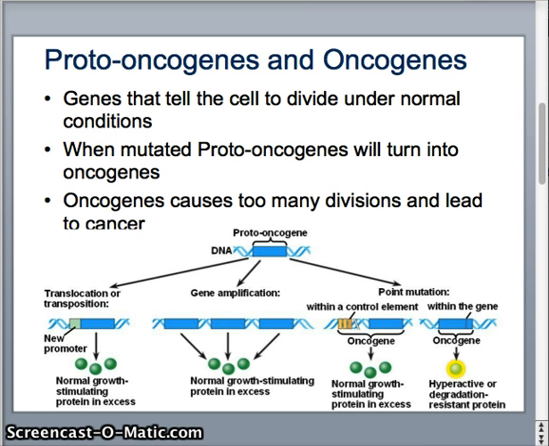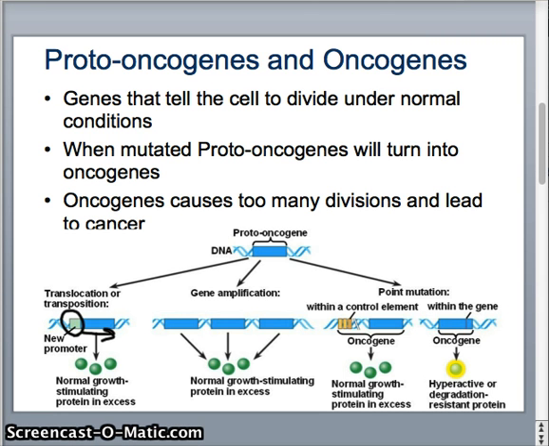Here we have the proto-oncogenes, and when they mutate, we call them oncogenes. Oncology is the study of cancer. Oncogenes cause cancer, and there are various ways this can happen. If we look over here, for some reason there's a new promoter. Promoters cause genes to be expressed.